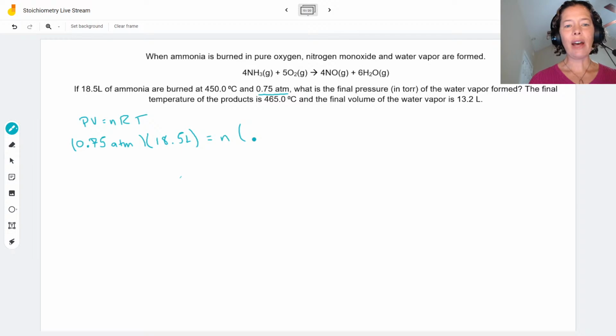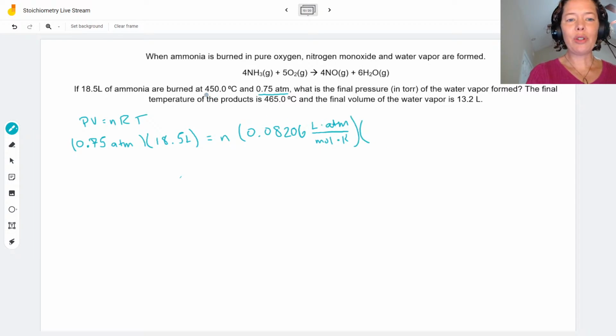I'm going to need a value for R. I don't like to convert everything into something specific and use a specific value for R. I always like to make my R fit what units I am using. So because I'm using atmosphere, liters, and of course temperature will be in Kelvin, I'm going to use the appropriate R, which is probably the one you might be the most familiar with. So this is liter atmosphere over mole K.